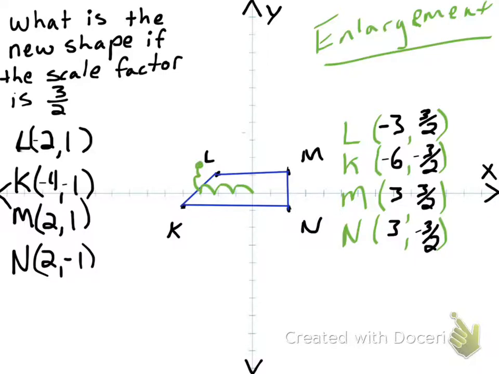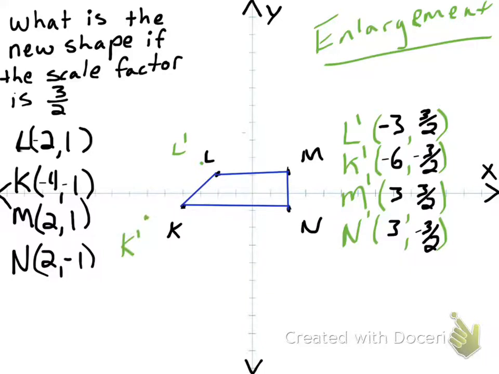So there's my first dot, and that's L prime. Now let's do K prime. K prime is negative 6 and negative 3 over 2. So that means I go 1, 2, 3, 4, 5, 6. And then negative 3 over 2 would be down 1.5. So about right here.